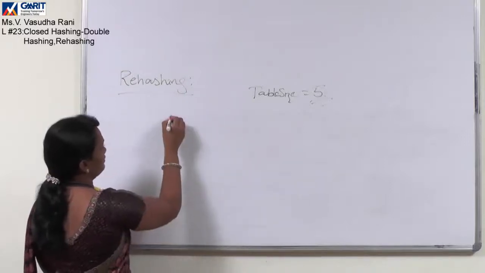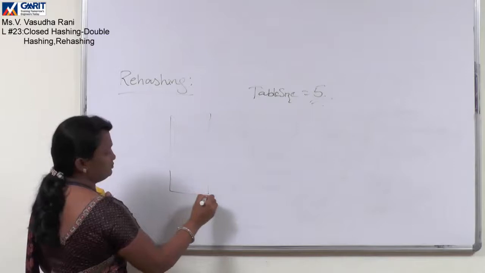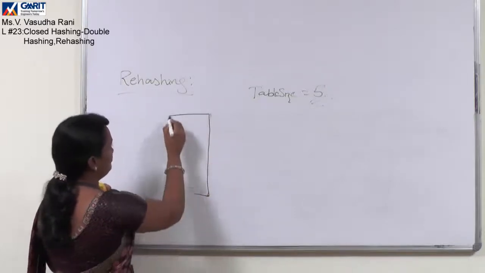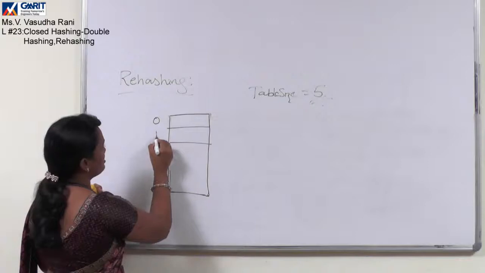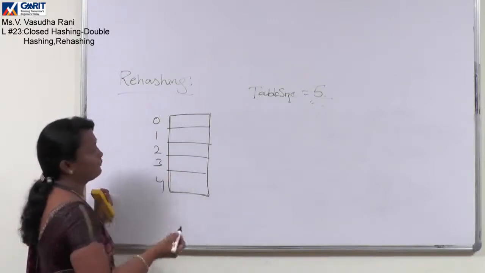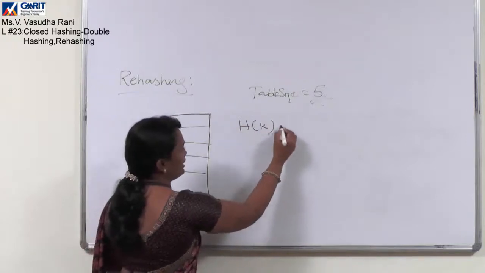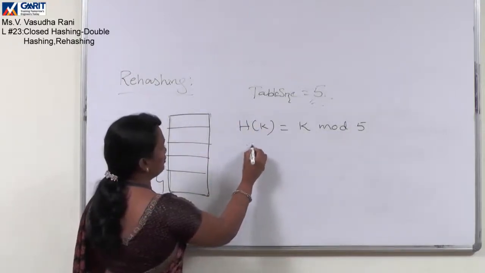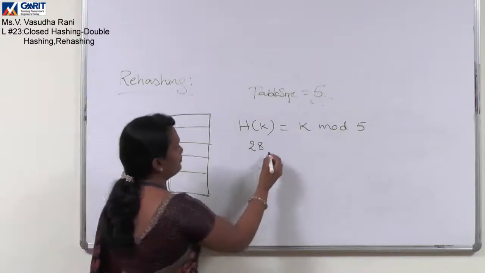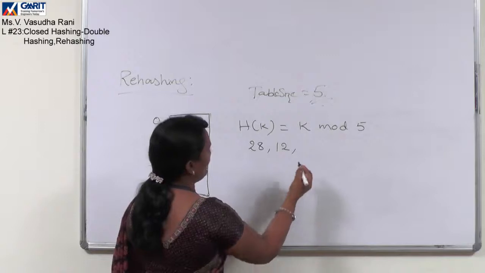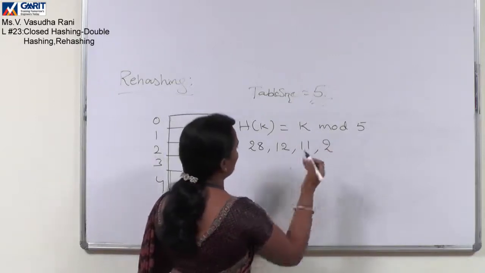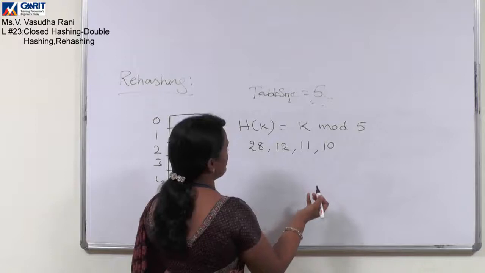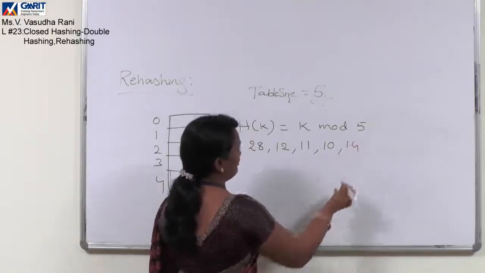Initially the table size is 5, so we will get the indexes 0, 1, 2, 3, 4, and let us take the hash function key mod 5, and consider the values 28, 12, 11, 2, 10 and 14.